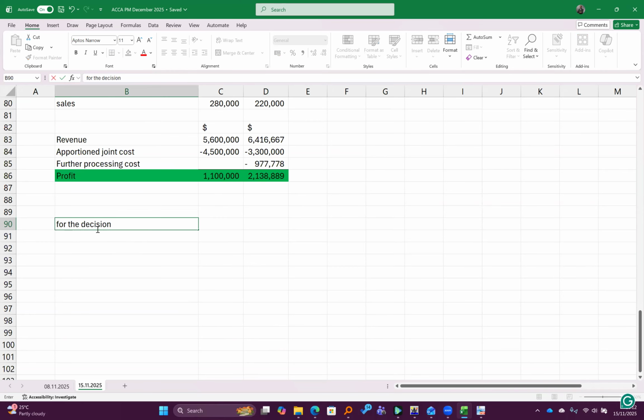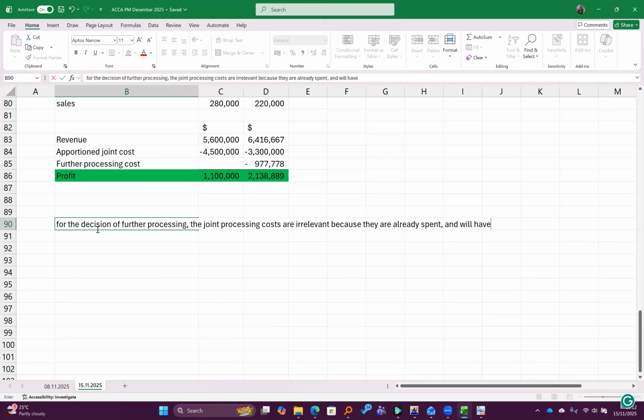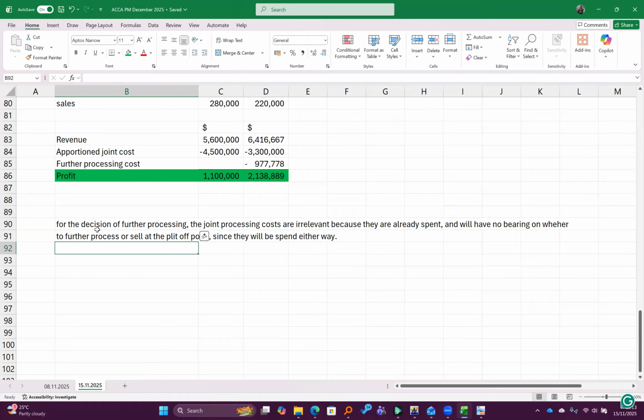For the decision of further processing, the joint processing costs are irrelevant because they are already spent and have no bearing on whether to further process or sell at the split off point, since they will be spent either way. So that is how I'm wording it here.